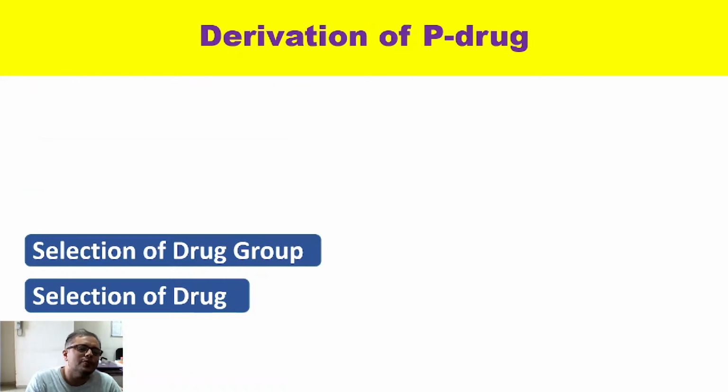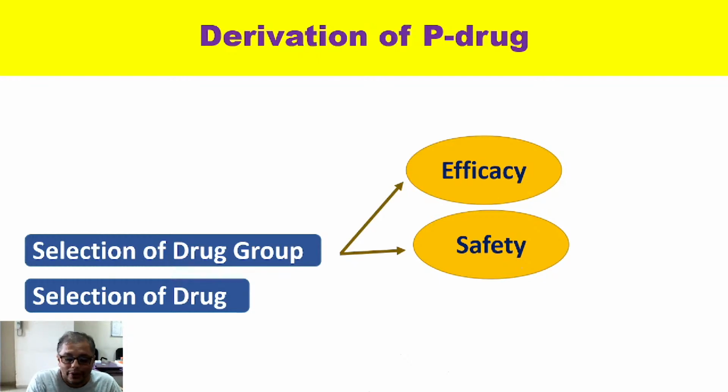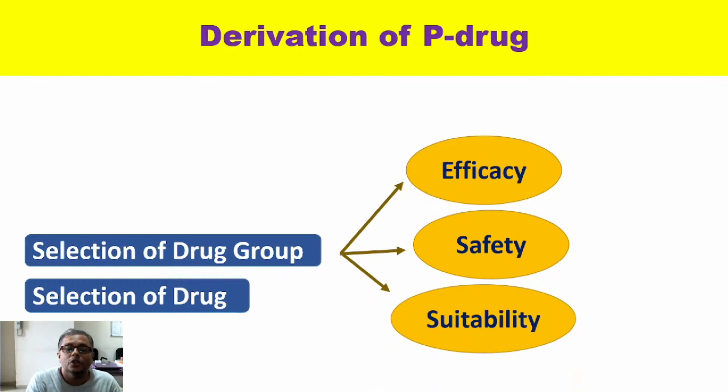For selection of the drug group and the drug, you have to follow certain criteria. First and foremost, it is obvious whether the drug is effective or not. After effectiveness, the next question is whether the drug is safe or not. Then suitability, whether the drug is suitable for a patient or not.